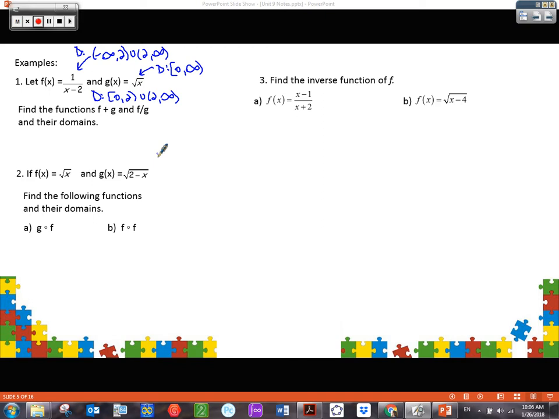Okay? So let's do the addition of these. So 1 over x minus 2 plus root x. Now that's the sum of those. Let's talk about whether we go through the process of finding common denominators and add them together, or whether we don't.